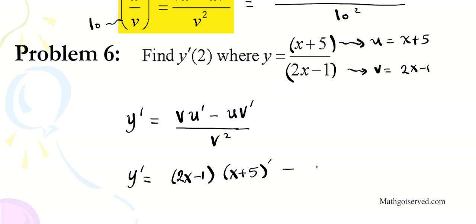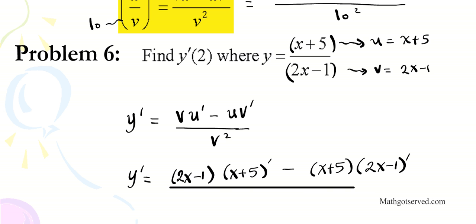U is x plus 5 times the derivative of v, and divide the whole business by the denominator, which is 2x minus 1 quantity squared.